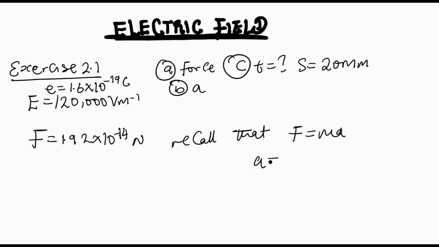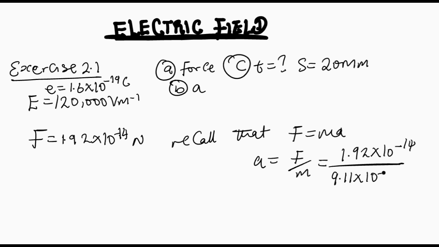So A will now be equal to F over M. What is our F? 1.92 times 10 raised to the power minus 14. What is our M? Our M is the mass of the electron, so that is 9.11 times 10 raised to the power minus 31. If you evaluate this, you will have an answer like 2.12 times 10 raised to the power 16 meter per second squared.